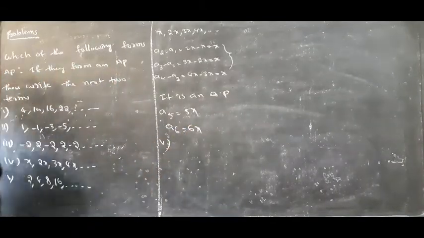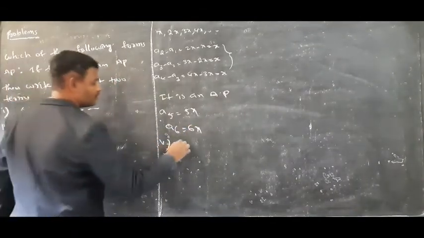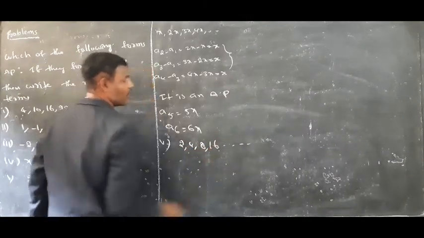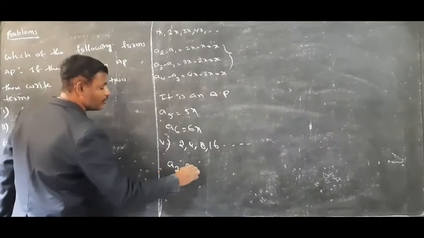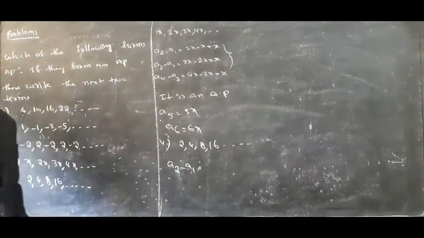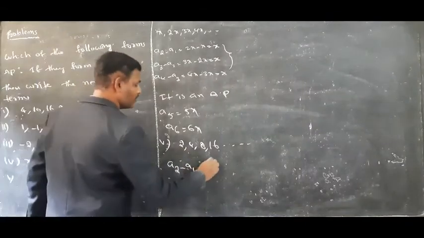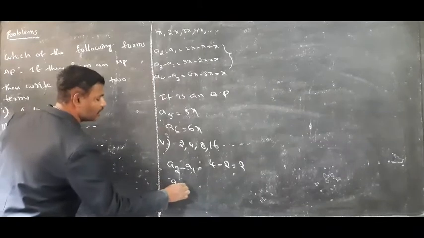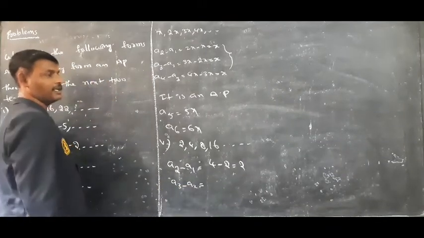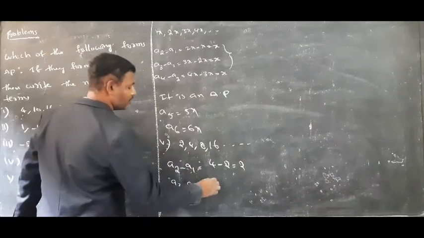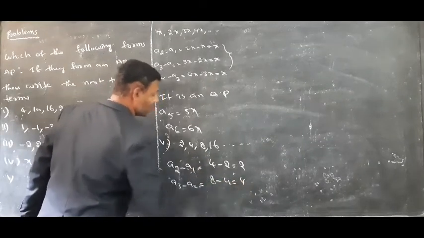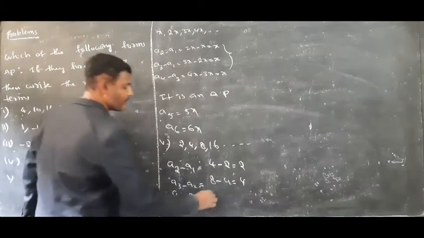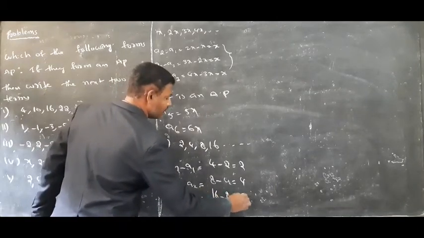Then what about the last question here? 2, 4, 8, 16, and so on. A2 minus A1, second term minus first term. What about the second term here? 4 minus 2 is equal to 2. Then A3 minus A2, third term minus second term. What about the third term here? 8 minus 4 is equal to 4. Then A4 minus A3, 16 minus 8 is equal to 8.